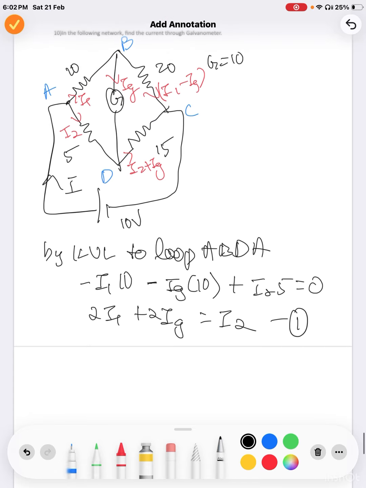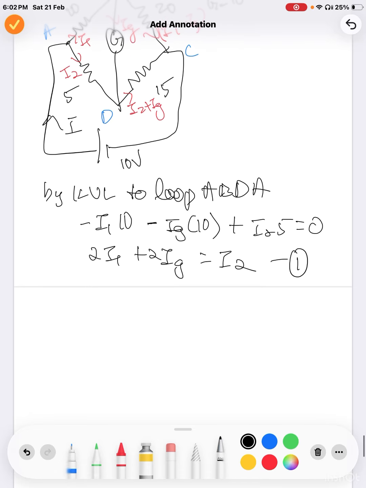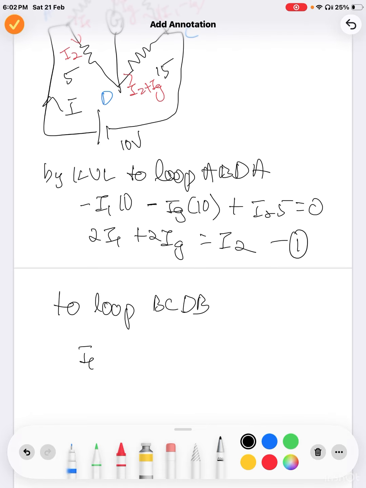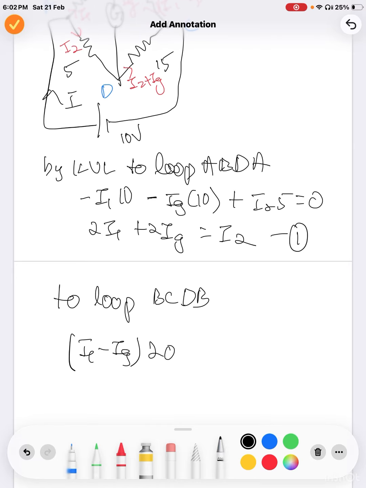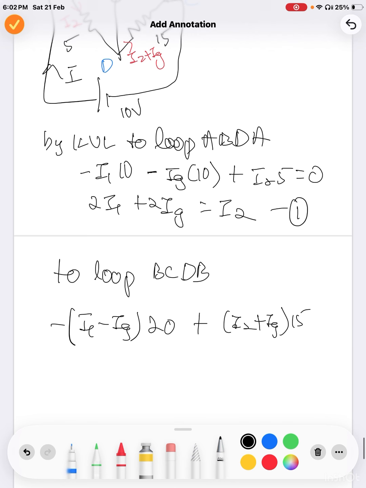Next we'll take the second loop, which is BCDB. Applying KVL to the loop BCDB, from this loop we can write: I1 minus Ig into 20, the same direction, so minus; opposite, so plus I2 plus Ig into 15; opposite direction, so plus Ig into G. G is 10, equal to 0.